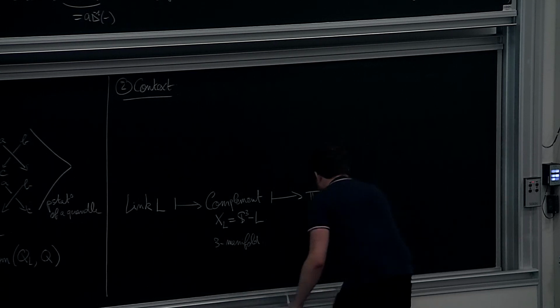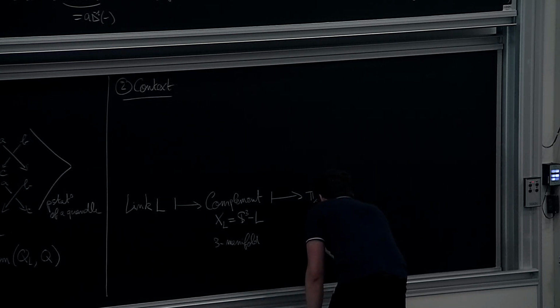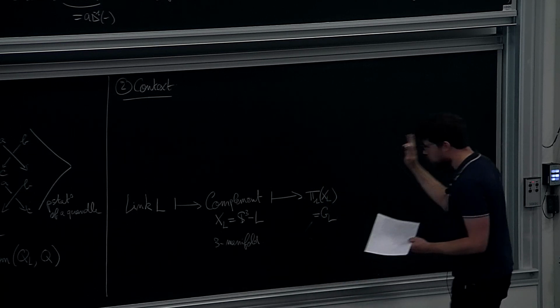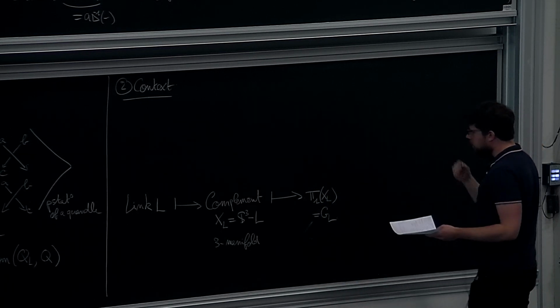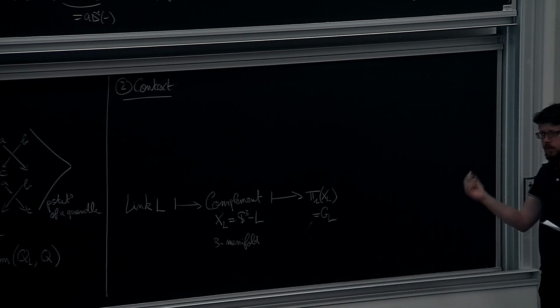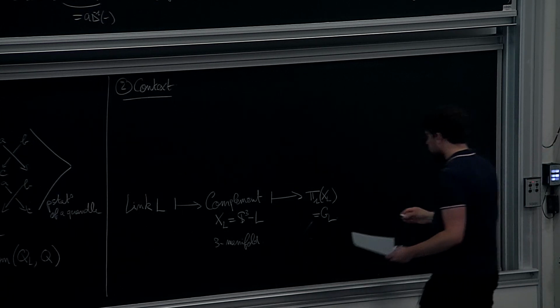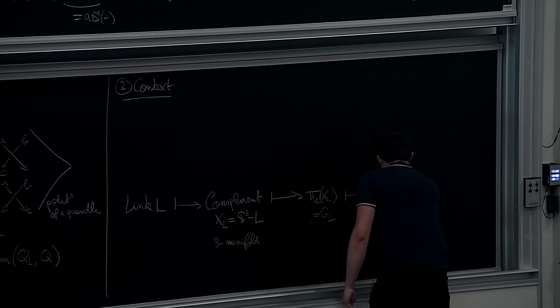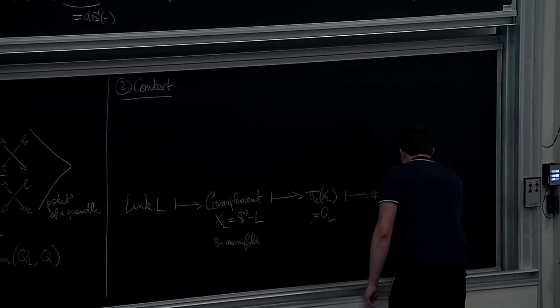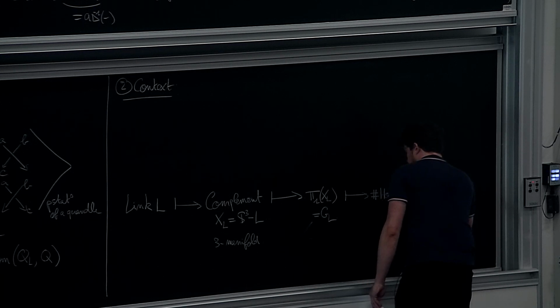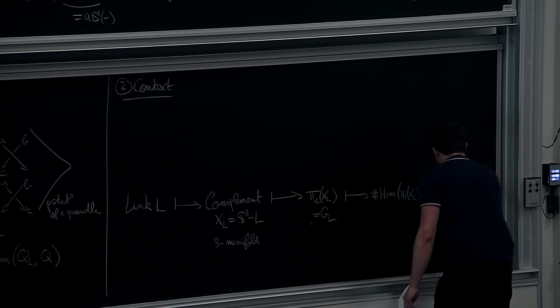Which is called, say, the link group. And then if you want to get numerical invariants from this, you can take the number of morphisms from this group to some finite group.